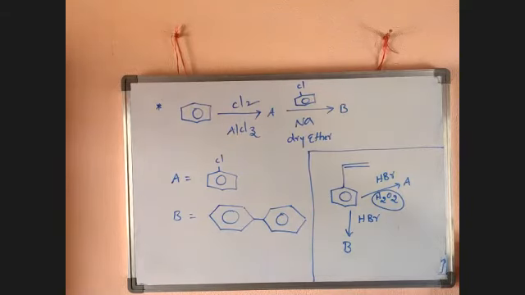There, how to add HBr with carbon of less number of hydrogens. Why? What is Markovnikov rule? Anti-Markovnikov rule. Markovnikov's rule means hydrogen gets attached to the carbon atom with more hydrogens. Anti-Markovnikov's rule is hydrogen gets attached to the carbon atom with fewer hydrogens. Markovnikov rule we took without peroxide. Anti-Markovnikov rule we took with peroxide.